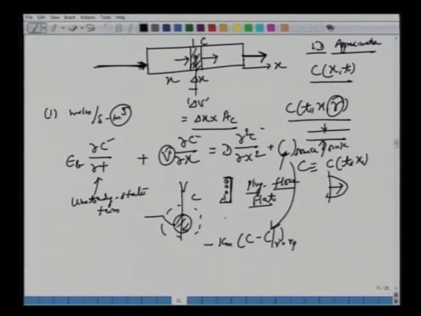So now we are talking of the concentration at this location, c at r equal to rp, and this c here is the bulk phase concentration. So minus km times c minus c at rp, this is flux in moles per second per meter square. We have talked about this earlier, the basics of mass transfer. So moles per second per meter square. This meter square is your external surface area, and here we are writing moles per second per cubic meter of this control volume.